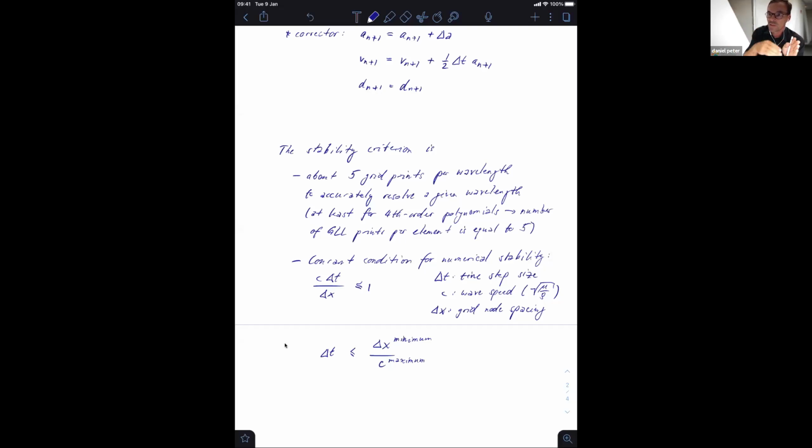But we see that the accuracy drops. So this would mean a maximum time step size.